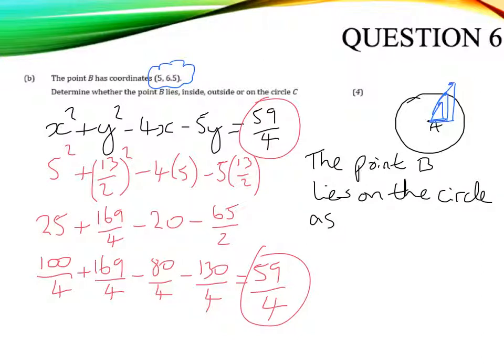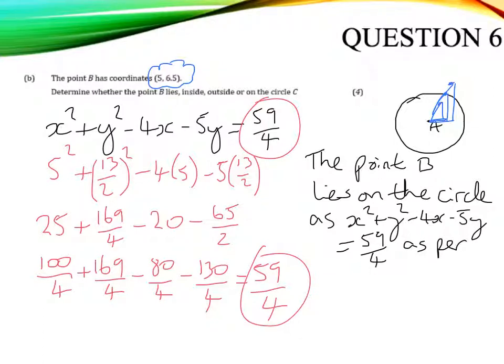The point B lies on the circle as x squared plus y squared minus 4x minus 4y equals 59 over 4, as per our initial equation.